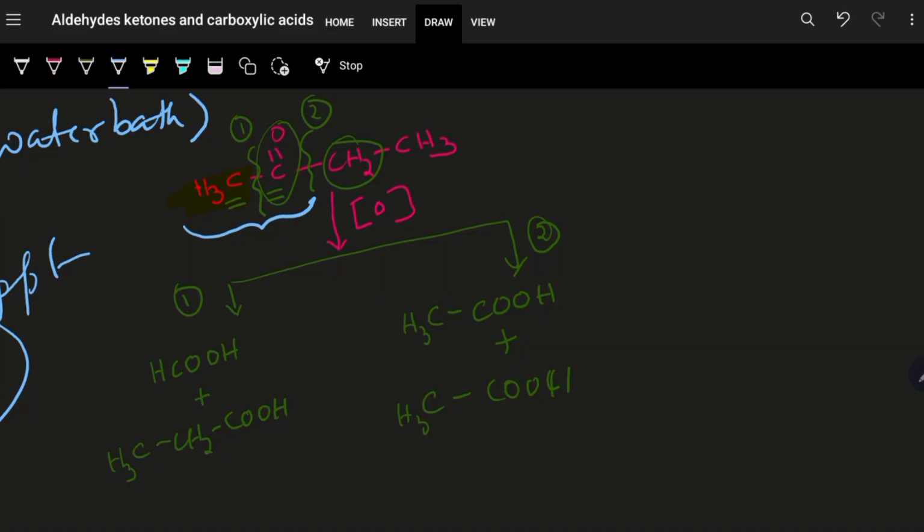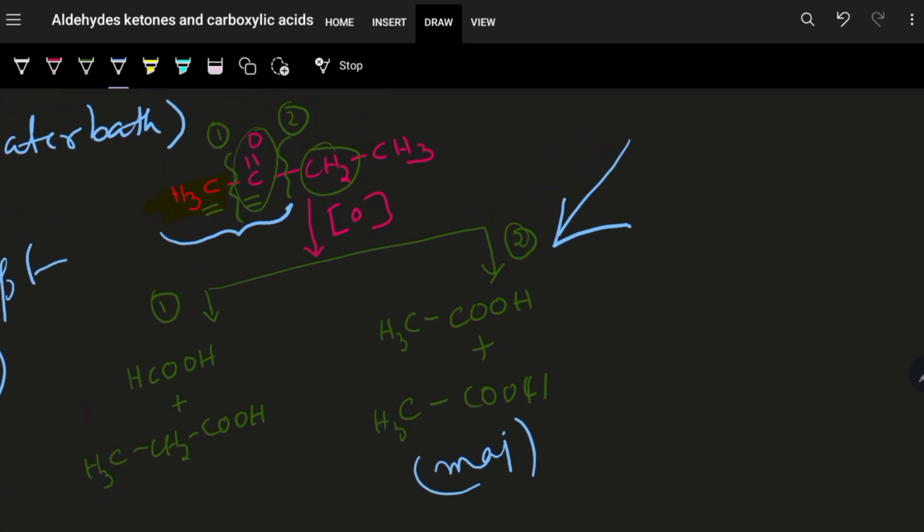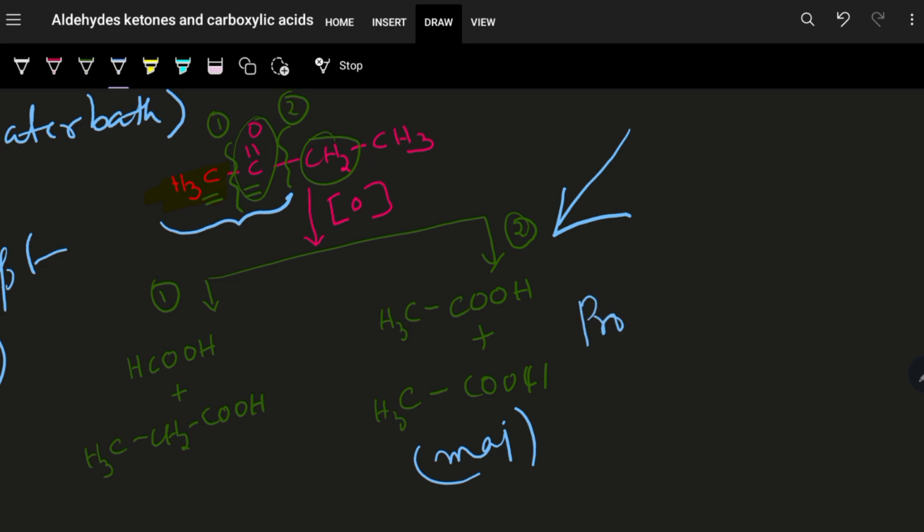See, if it breaks in one manner, then CH3 is not remaining with C double bonded O, right? Can you realize that? So this way of bond breaking will give me my major product. That is as per the rule which is known as Popoff's rule.